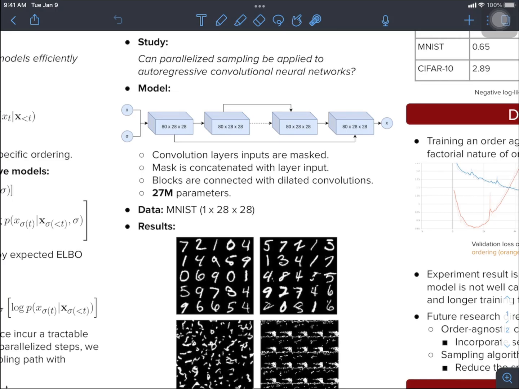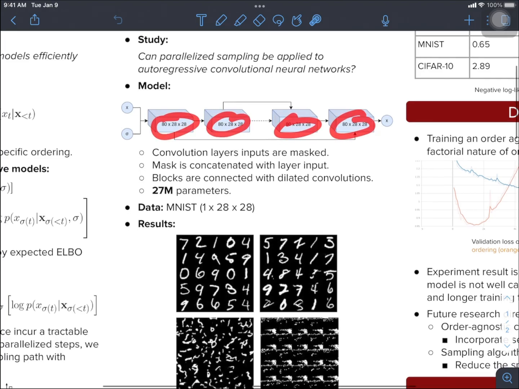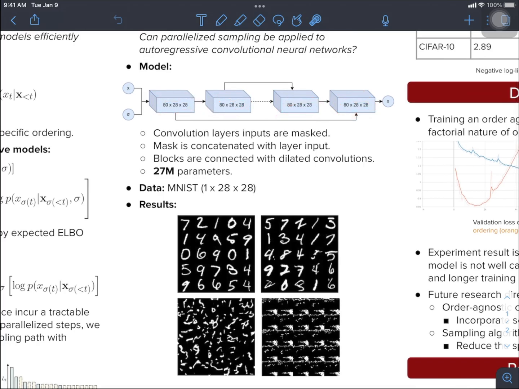The masks are concatenated with the input for the model to learn about the mask, and each block is connected with the others via dilated convolutions as well as residual connections. The reason for dilated convolutions is to keep the spatial dimension of the features the same at 28 by 28 in all blocks, because that will let us implement the convolutional layers more easily.